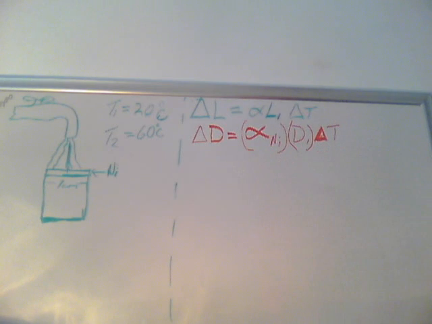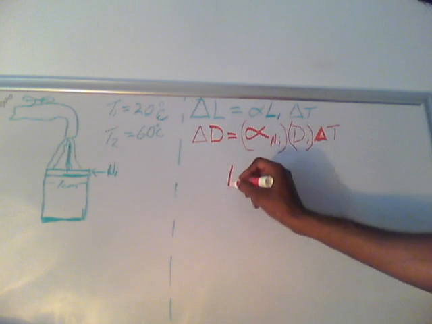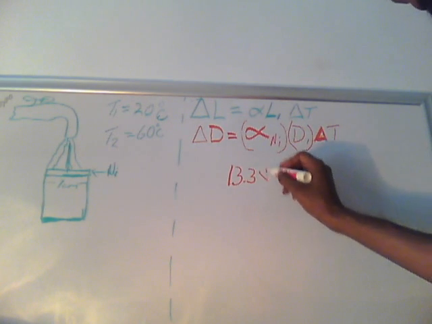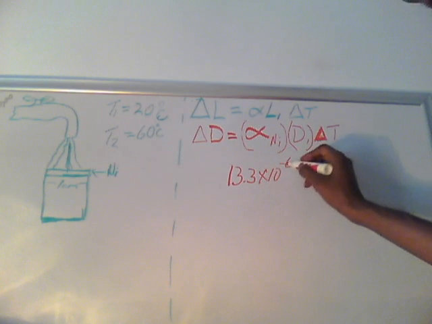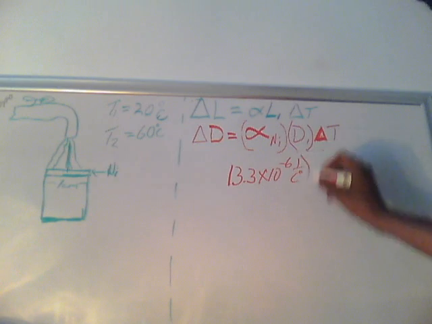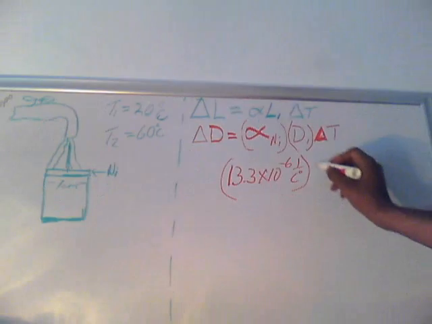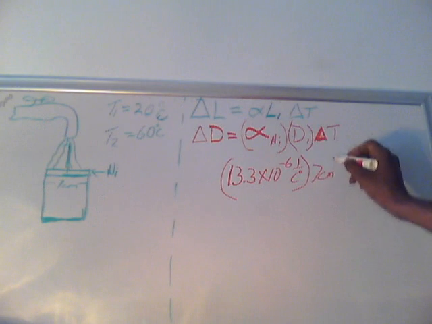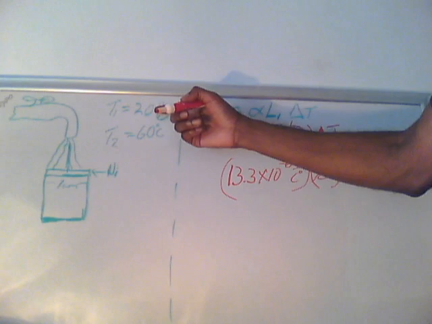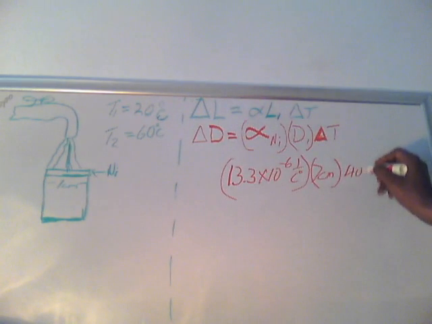In this case, they actually gave it to us: 13.3 times 10 to the minus 6 inverse degrees Celsius. The original diameter we know is 7 centimeters. And the lid was initially 20 degrees and goes to 60 degrees, so the change in temperature is 40 degrees.